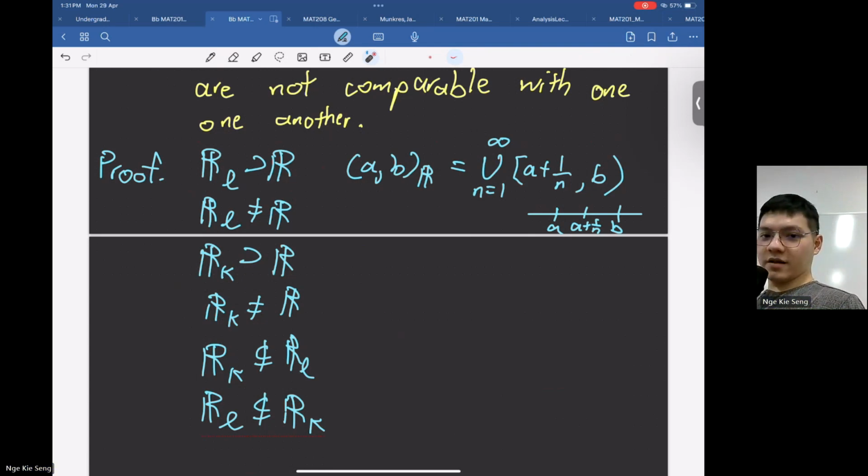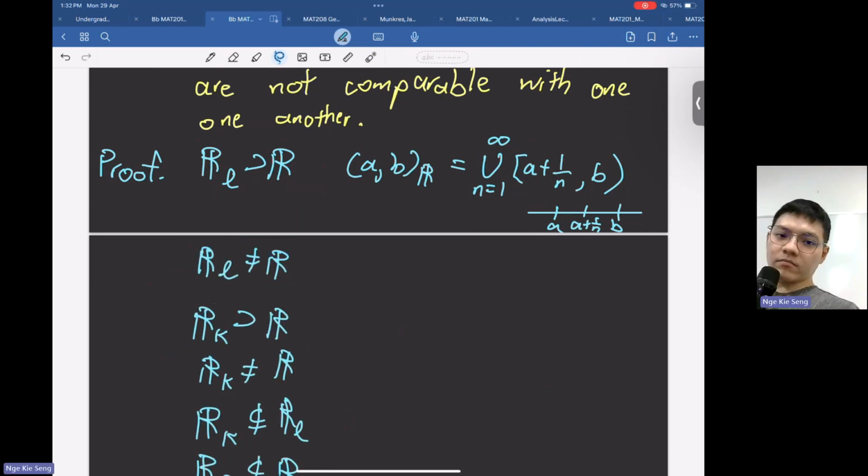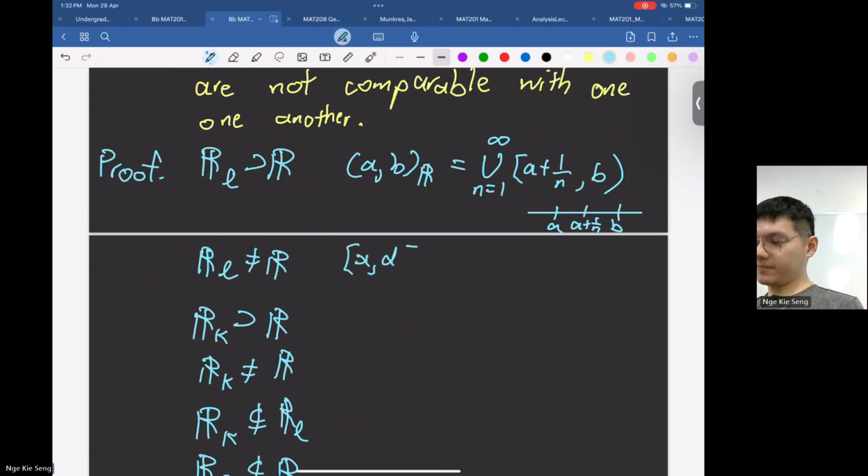Okay. How about this one? Show that R_L is not equal to R, meaning there's some open set or basis element in R_L that cannot be covered by an open interval. A typical thing in R_L is what? [x, d), right? Like this.